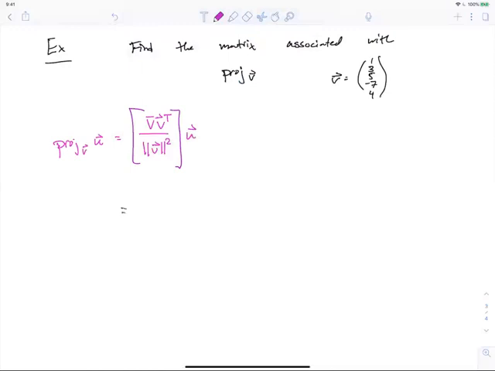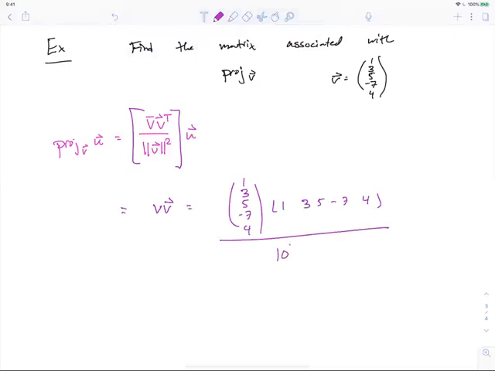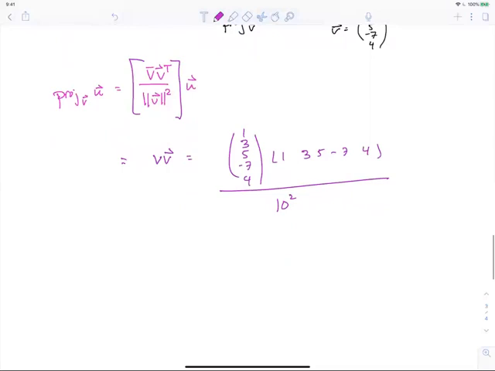So this is going to be V transpose. So that's 1, 3, 5, minus 7, 4 times this vector. That's just a matrix. And then we're going to take all of that and divide it by 10 squared. All right, so now this looks very daunting. Now it turns out when we do this, this turns out to be like a multiplication table.